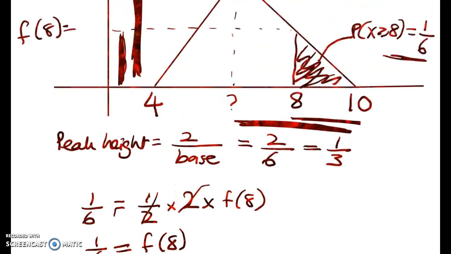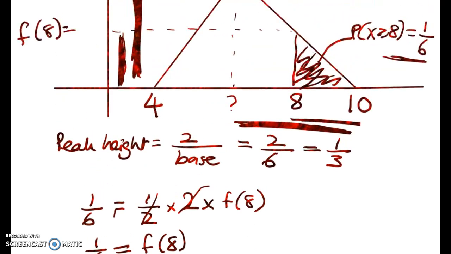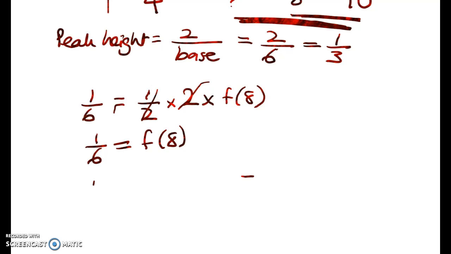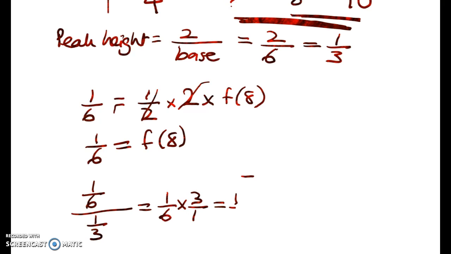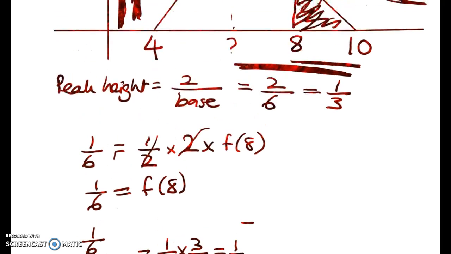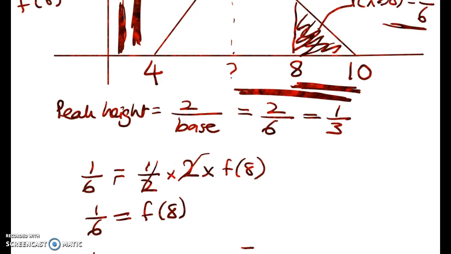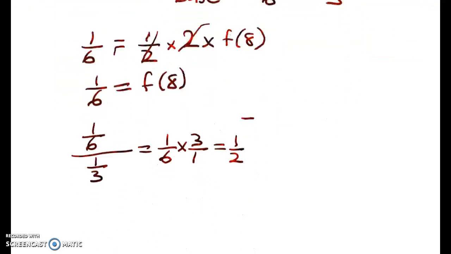Now you can probably see visually that 1/6 divided by 1/3 is equal to a half. And that means that this distance here over this distance here must also equal a half.